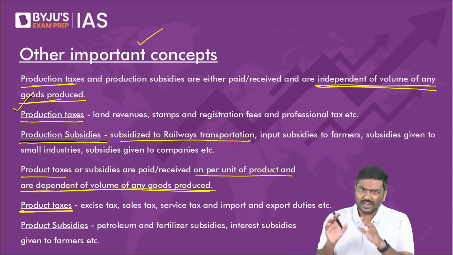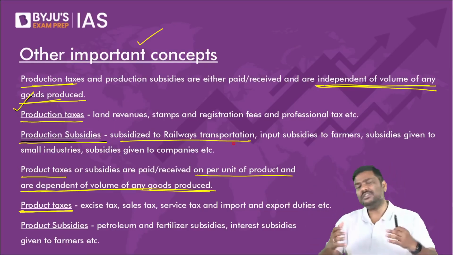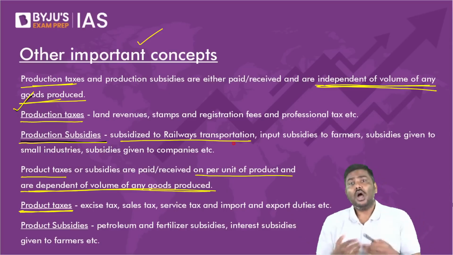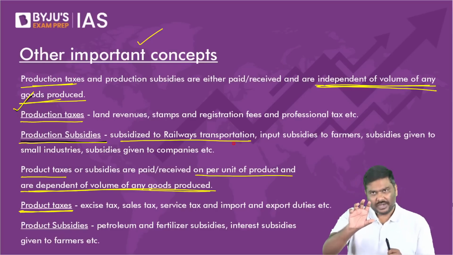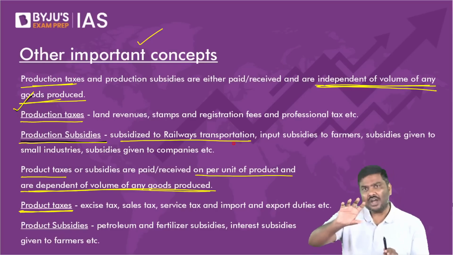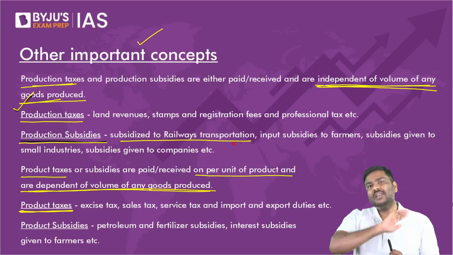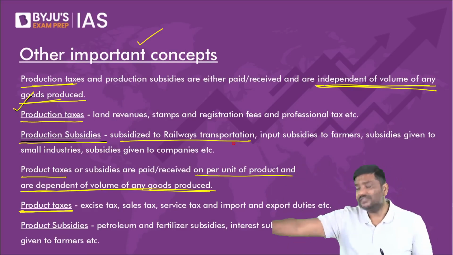When I take up railways, I'll tell you that lots of subsidies are provided. Many of you will ask, sir, how? In railways, if the cost of transportation is, let's say, 5 rupees per kilometer, railways will never charge you 5 rupees. It will charge less than 5 rupees.